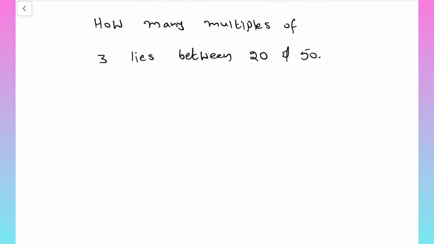Next question. How many multiples of 3 lie between 20 and 50? So we have the numbers 20 and 50. In between those, how many multiples of 3 will be there?